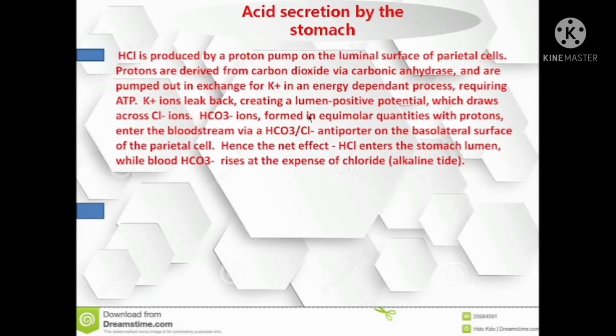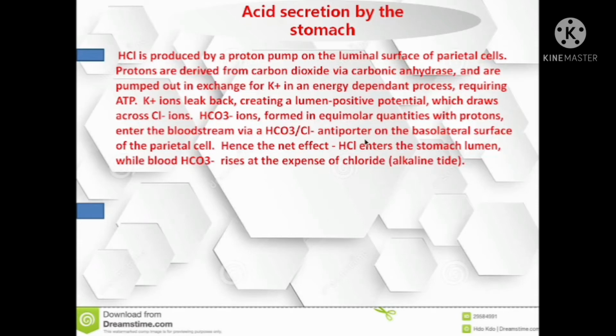Now in the stomach there are something we call the parietal cells, and it is the parietal cells that facilitate the production of the HCl, okay? It is very, very important. So after the production, it enters the stomach lumen, while the blood bicarbonate rises at the expense of chloride.